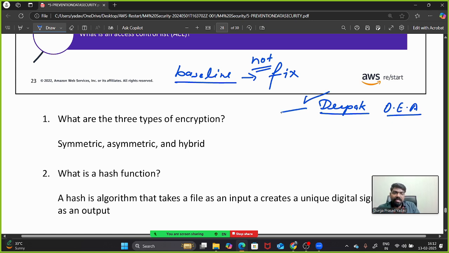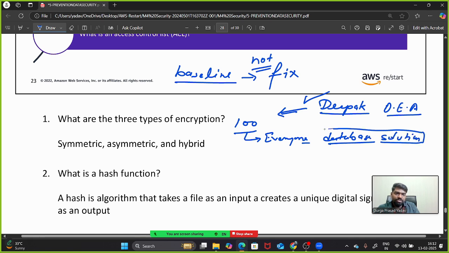Now Deepak said there are 100 PCs. Out of these 100 PCs, I want everyone to have the database solution or database software.